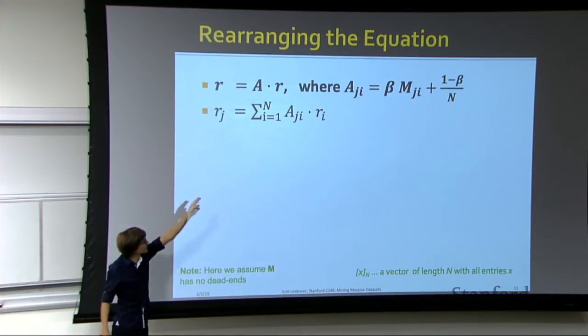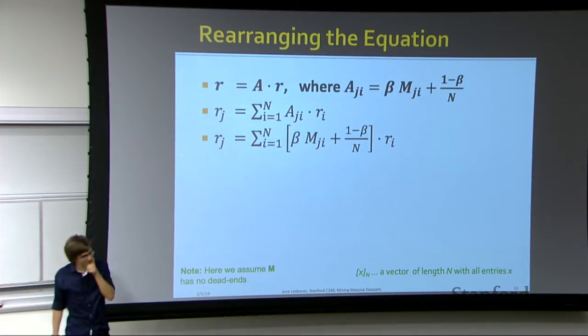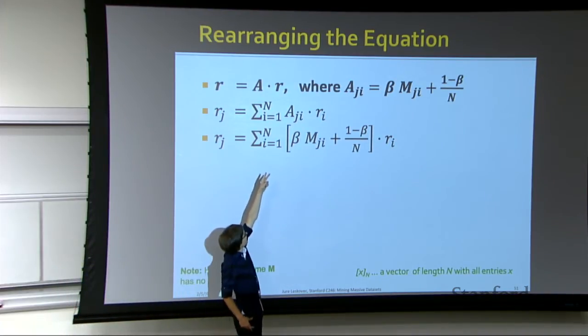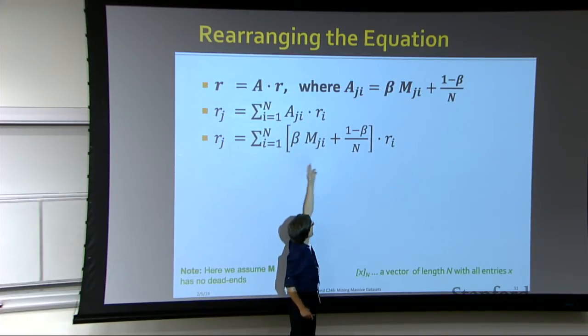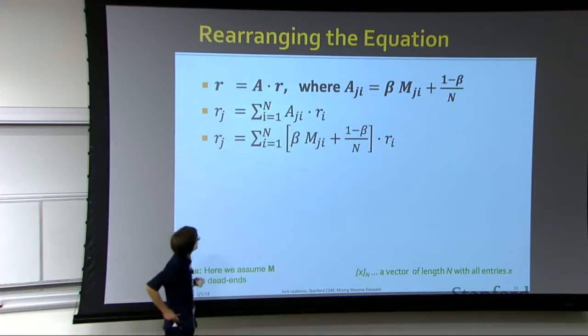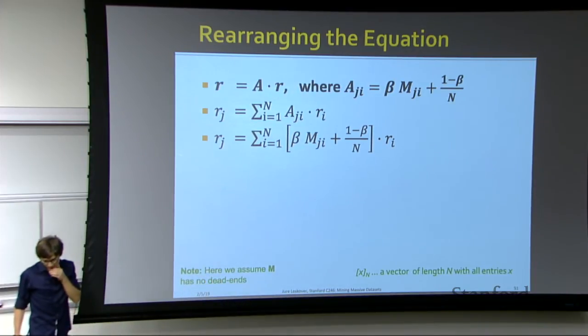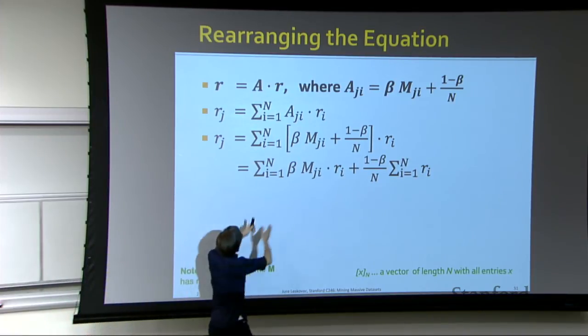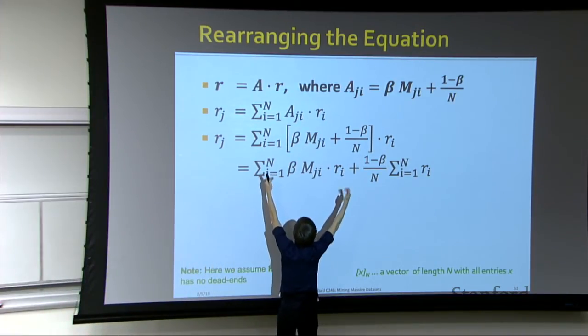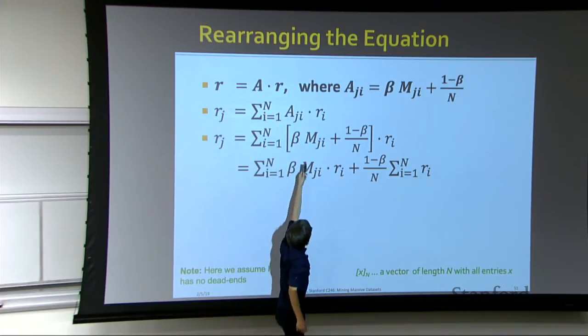And then I want to run power iteration. I spelled it out there. Now I have this A_ji, and I will write out what it is. So I just took the thing above and expanded the definition of A. And what I can do now is push the summation in. I have one big summation here, and I can distribute the summation inside.